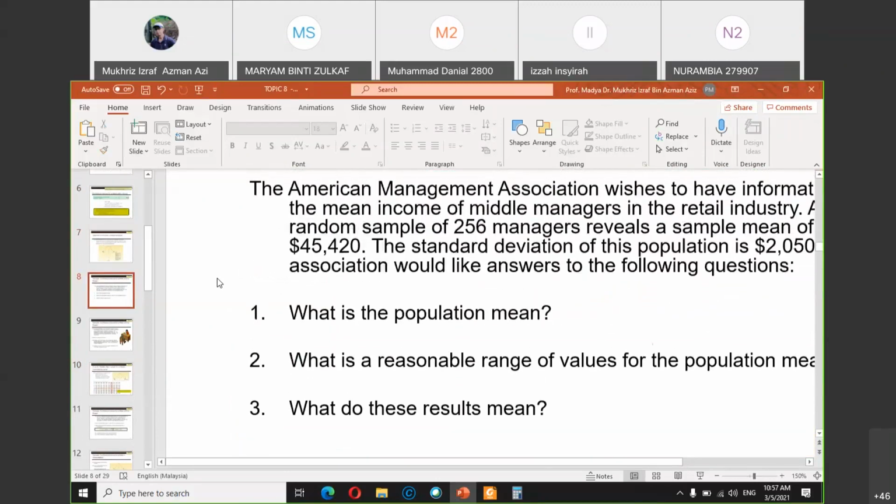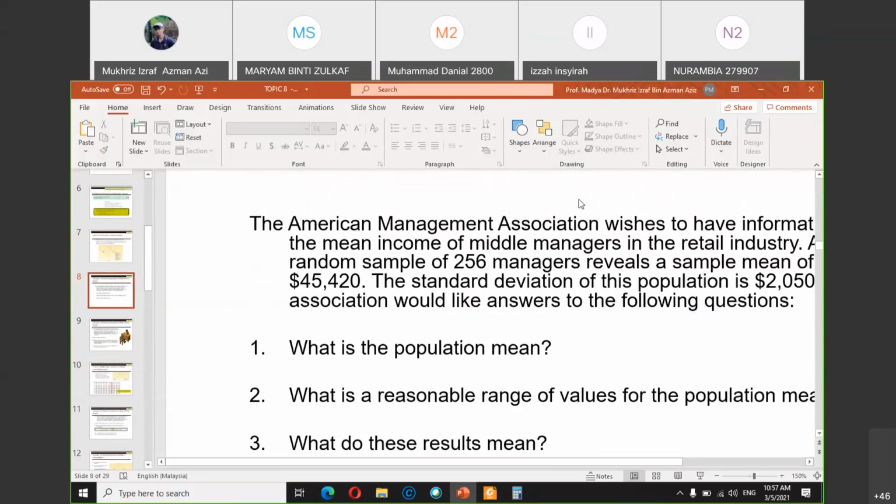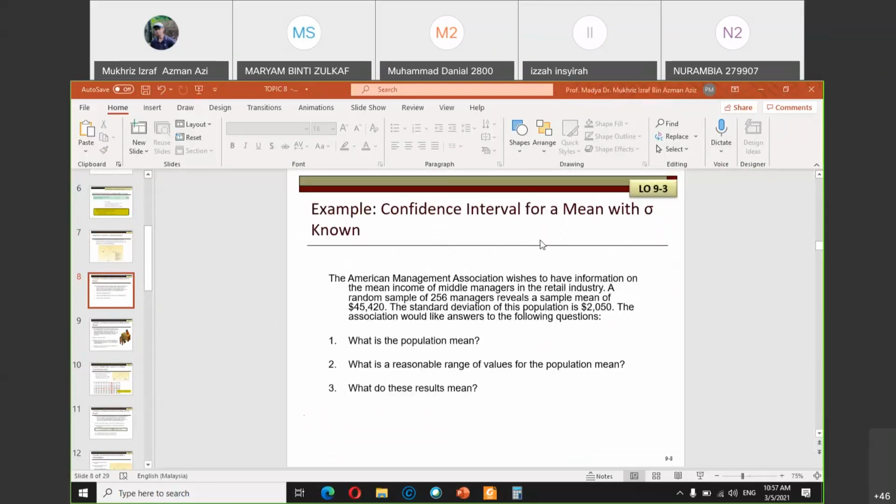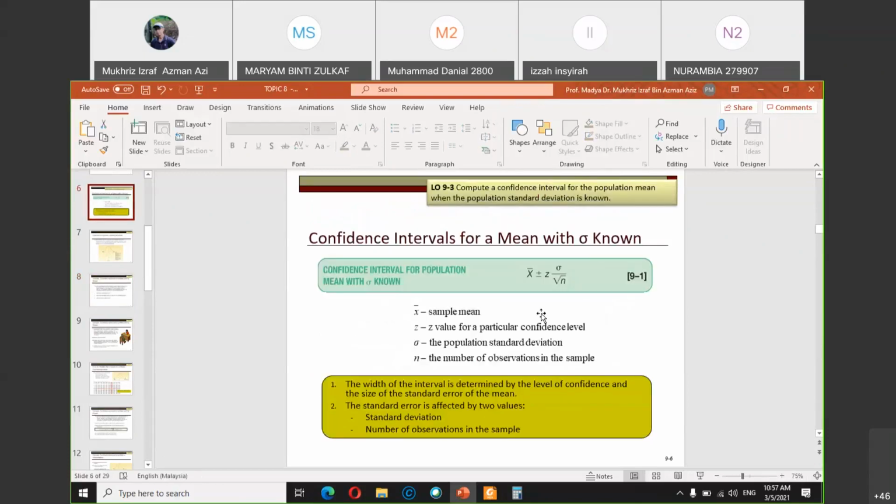So here we look at one example first. Again, remember that this is still under the sigma is known, meaning that we are going to use the Z distribution first. So you are given this information, and you need to know what the sample size is. If you look at the formula just now, you need to fill in all these numbers.